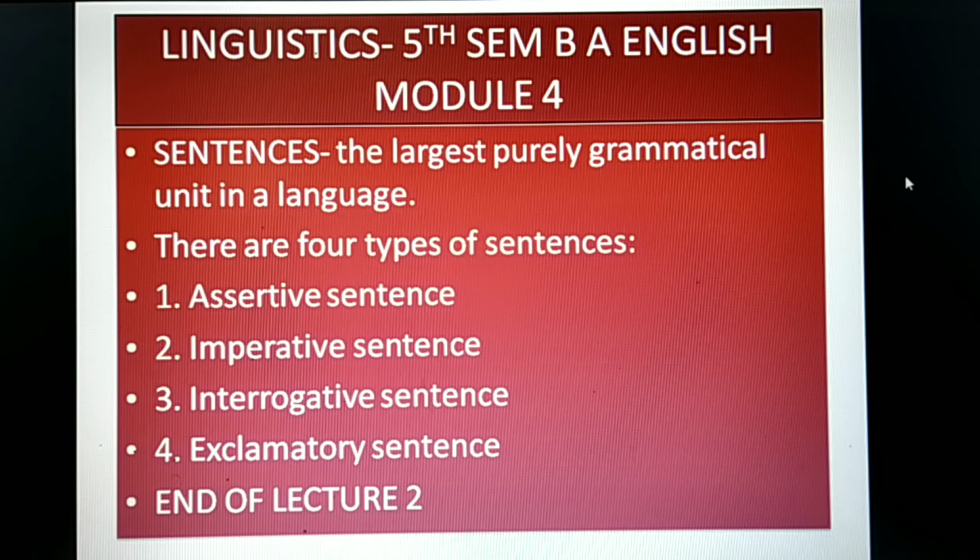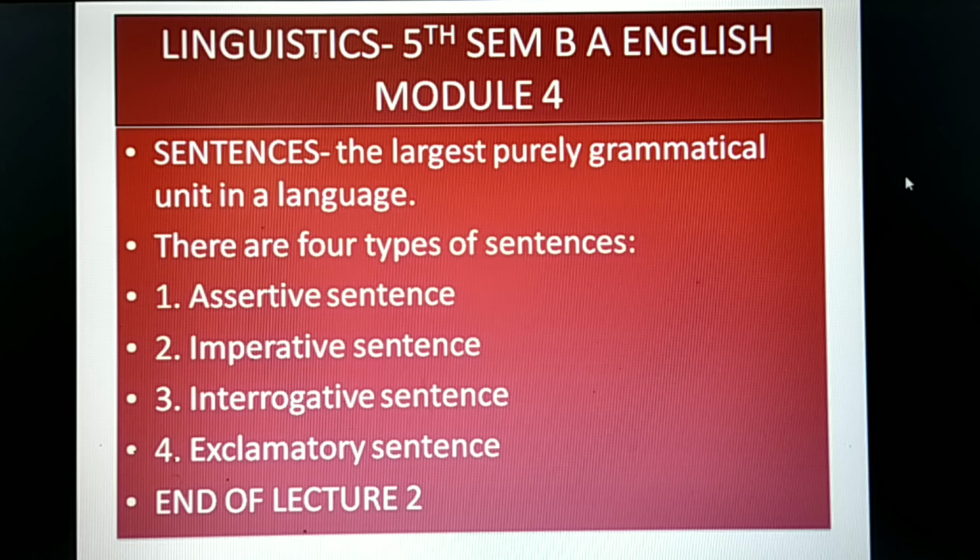So with that we can come to the end of our second lecture. In this lecture we discussed what a clause is. We know what an independent clause is. We also know what a dependent clause is. We know that independent clauses are also called principal clauses, and a simple sentence is a very good example for an independent clause.